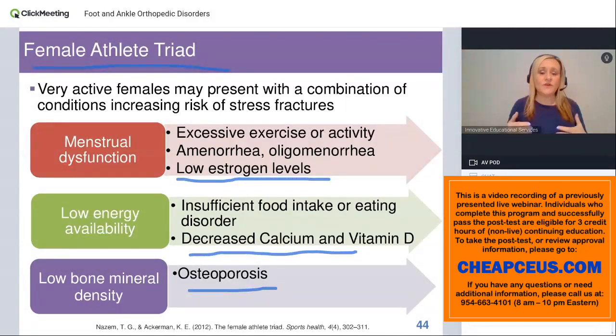Then, if they're also involved in activities, our military personnel, athletes who do extreme levels of activity, and even workers or laborers where their food intake does not match with the metabolic demands and they have these other components, they're at a greater risk of developing these stress fractures. So if they're complaining of foot pain and discomfort, we do want to have a stress fracture as a possible consideration.